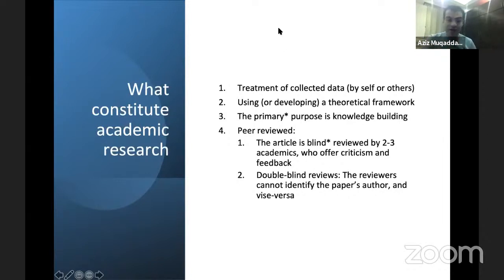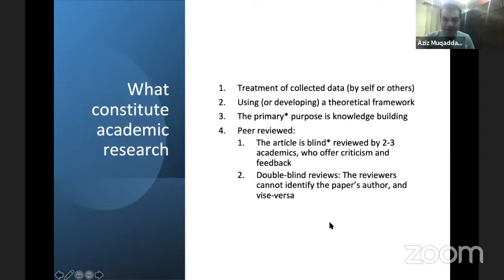I am highlighting primary here because there could be some secondary motives for sure, because researchers are still human beings and you pick which topic to choose, right? But you are still bound by the fact that you have to demonstrate how you empirically collected and analyzed data, right?